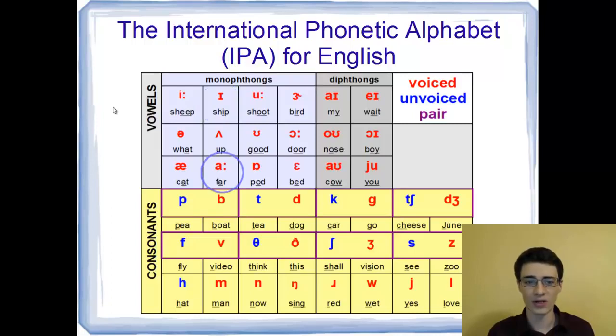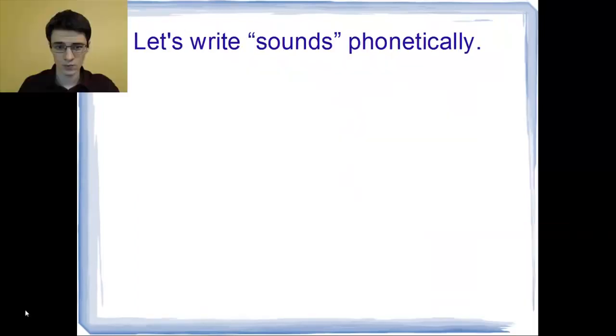Our second monophthong is ah, as in far. Now, we put them together to make I, as in my. Let's see how it sounds. I, I, I. They blend together and make the sound I.